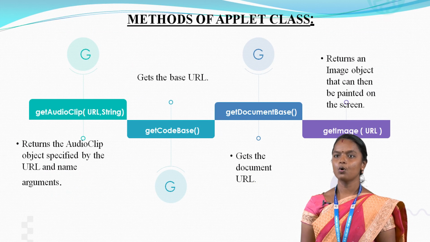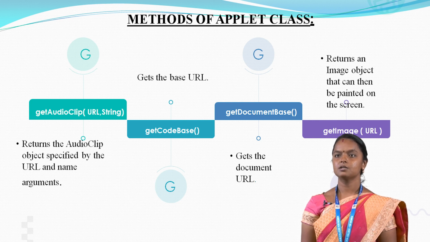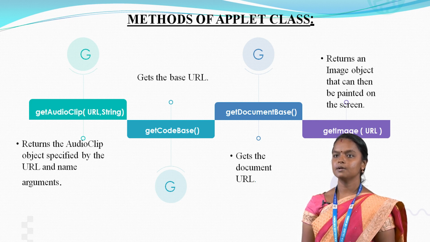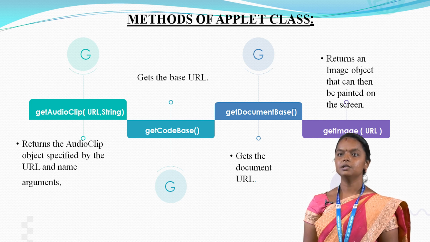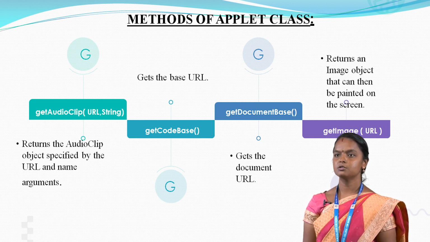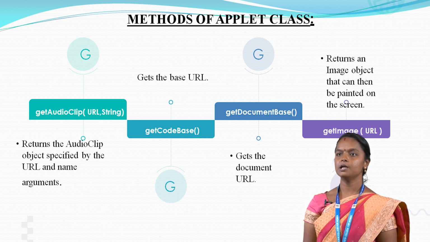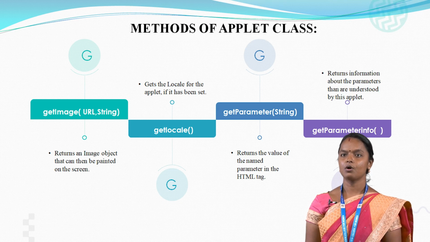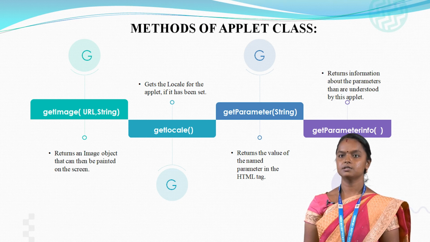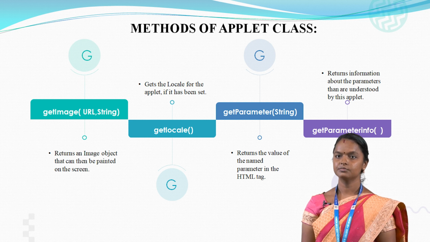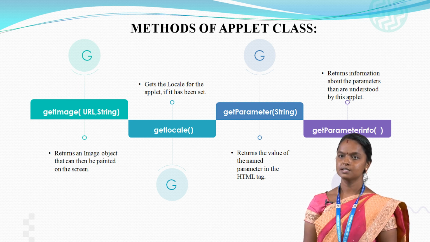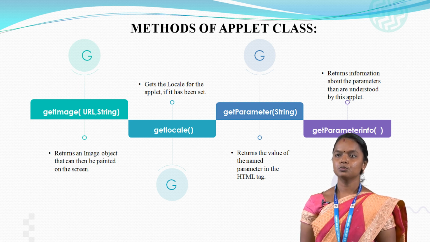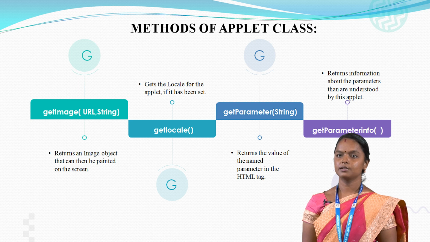The getCodeBase method gets the base URL. The getDocumentBase method gets the document URL. The getImage method returns an image object that can then be painted on the screen. The getImage method with a URL and string returns an image object that can then be painted on the screen. The getLocale method returns the locale for the applet if it has been set.